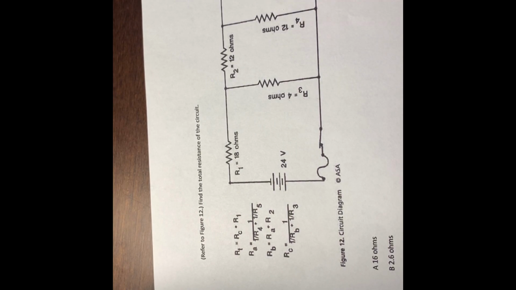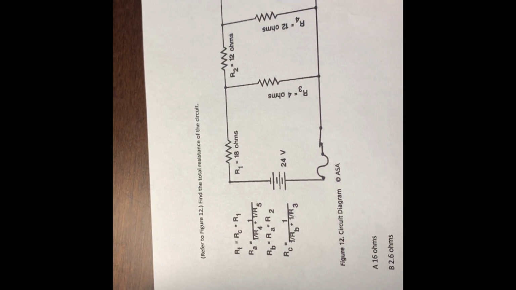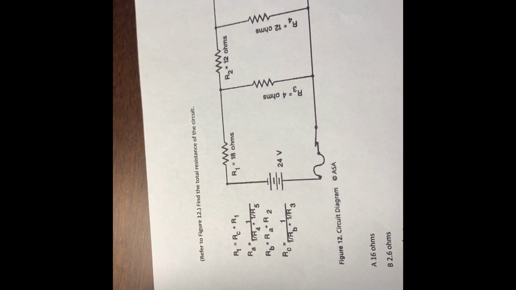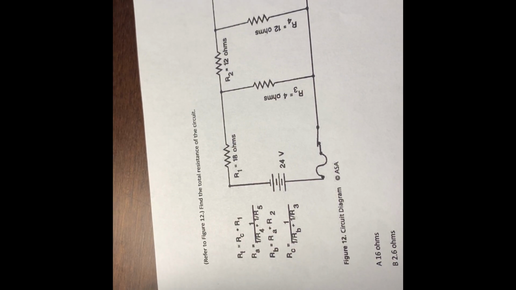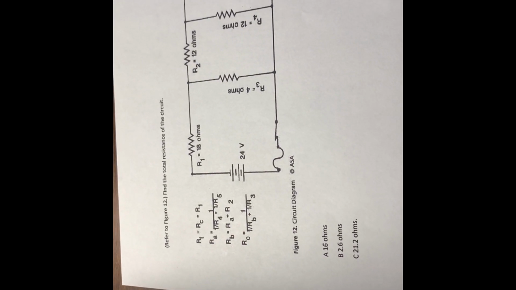To combine 2 parallel resistances, you could use the formula 1 over R1 plus 1 over R2 plus 1 over R3, etc. So we have 12 and 6. Our formula would be 1 over 12 plus 1 over 6.